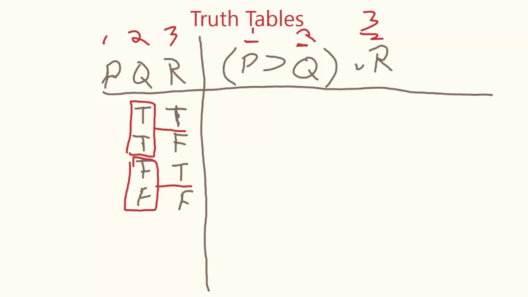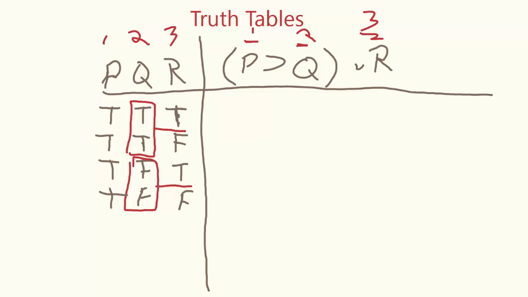We know there's going to be a case in which P is true and Q is true and R is true. We know there's a case in which P is true, Q is true, and R is false. We know that there's got to be a case in which P is true, Q is false, and R is true. And there's got to be a case in which P is true, Q is false, and R is false.